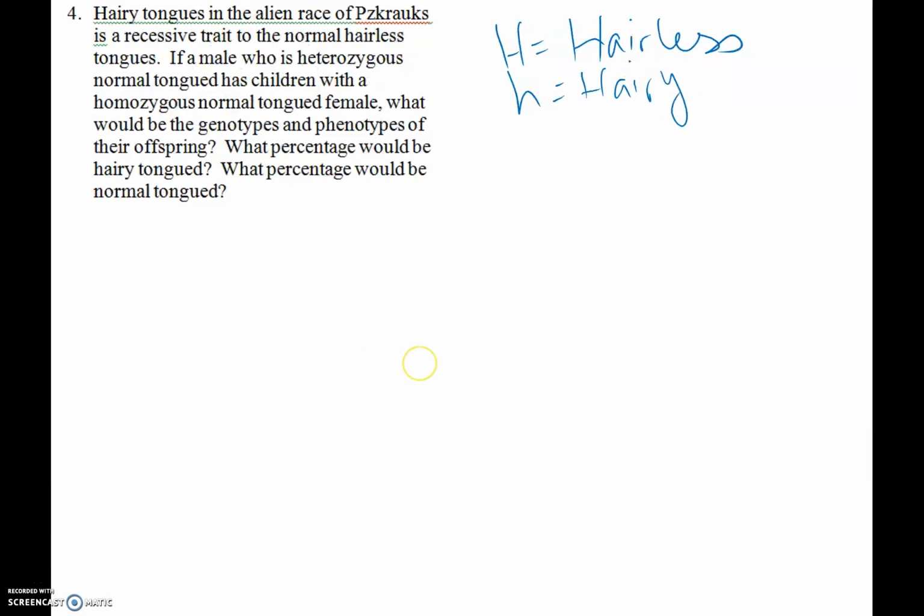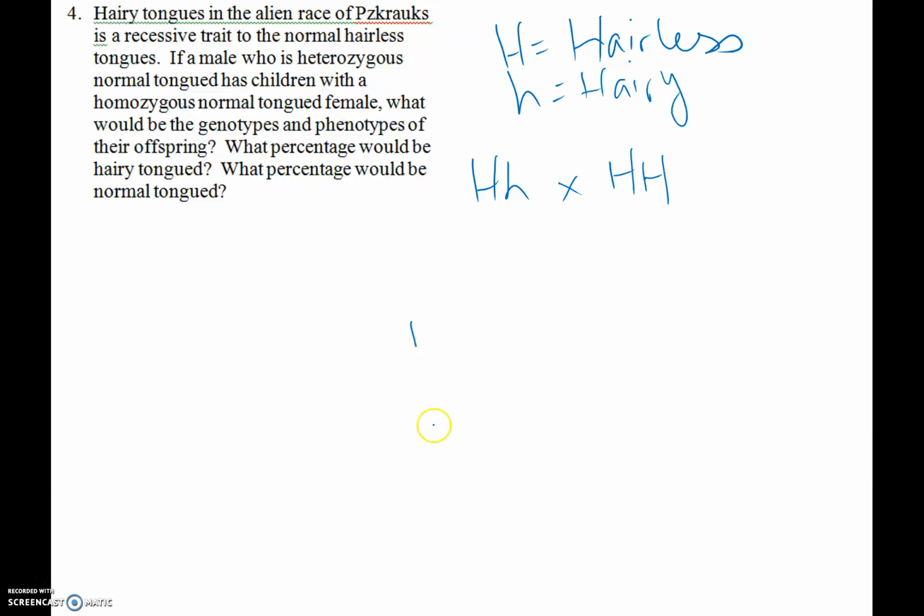If a male who is heterozygous, normal-tongued, has children with a homozygous normal tongue, so she's homozygous dominant, what would be the genotypes and phenotypes of their offspring? What percentage would be hairy tongued? What percentage would be normal tongued?